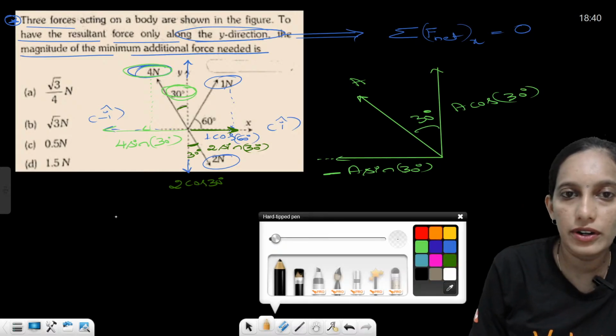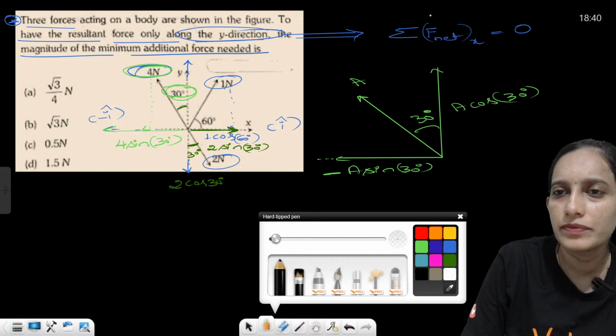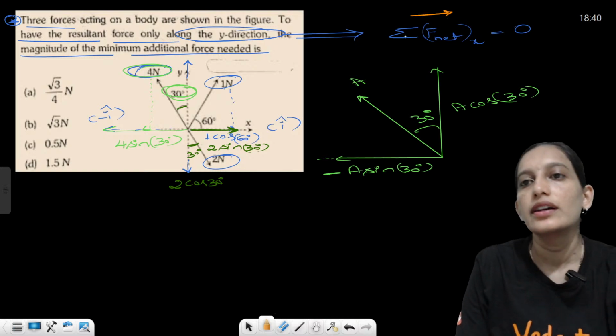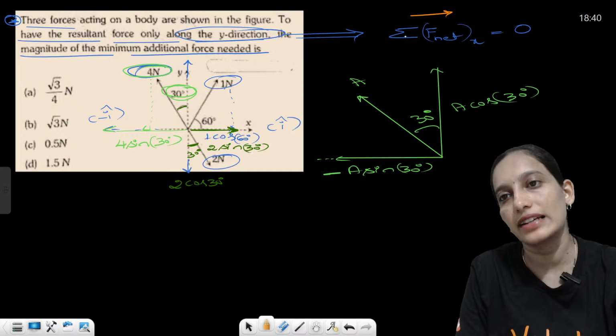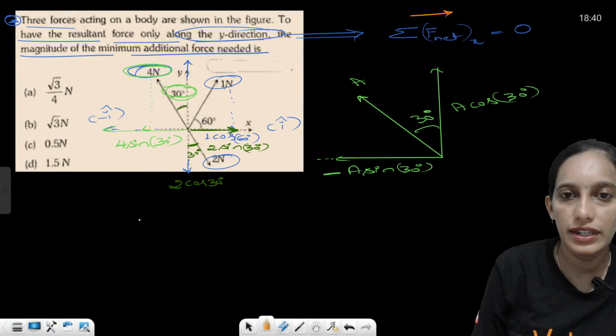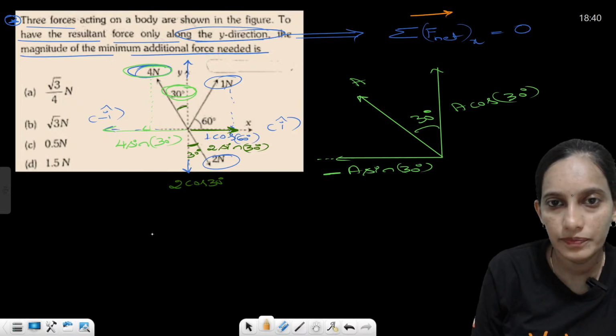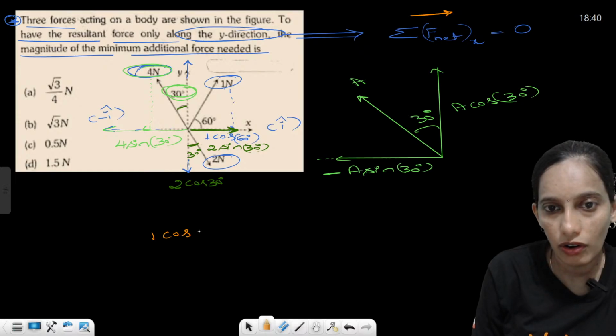So now let us go on writing, or I can say vector sum. Okay, I have taken the net force vector along x axis should be 0. So what is there, one is 1 cos 60 degree into i cap.